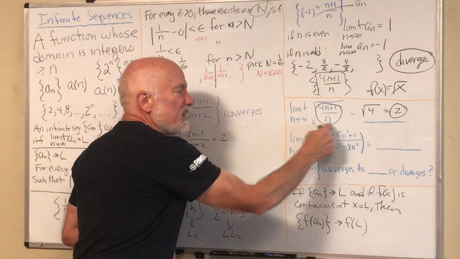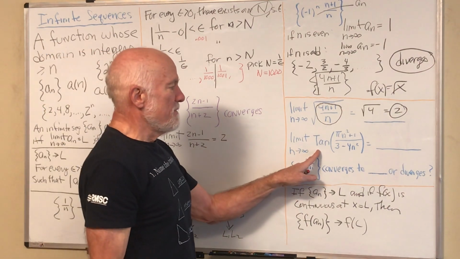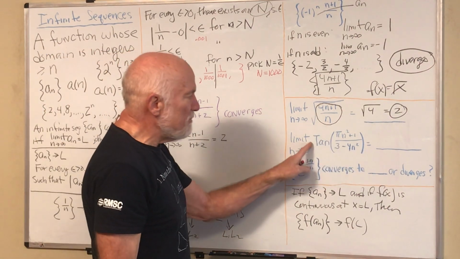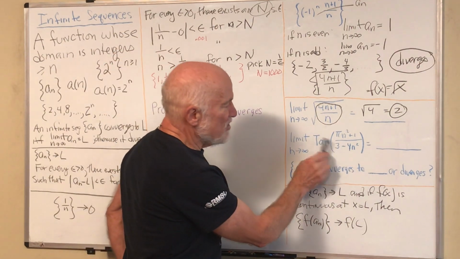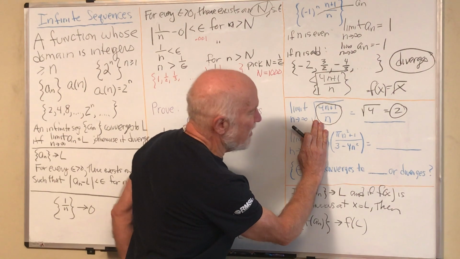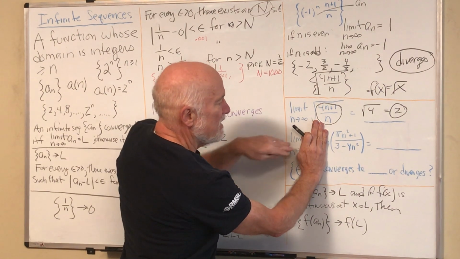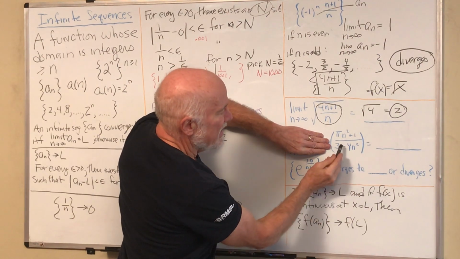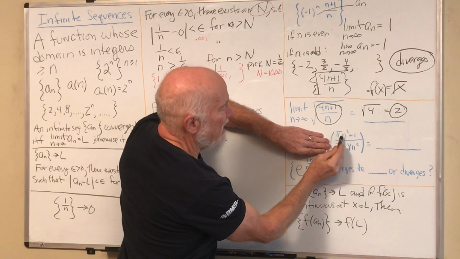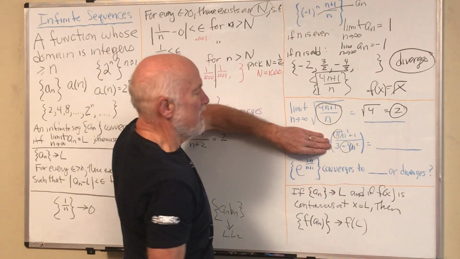I don't have to think of it all at once. And the same thing here. This is a really complicated looking sequence. But if I just look at the inside part right there, what's the limit of this as n approaches infinity? Well, we can ignore the 3 and the 1, and n squared has coefficients pi and negative 4.